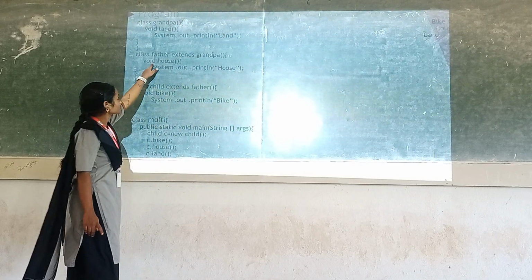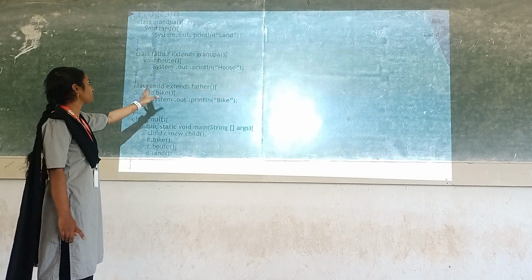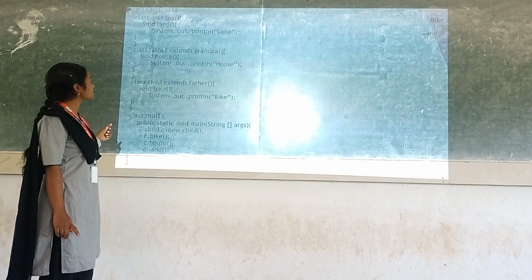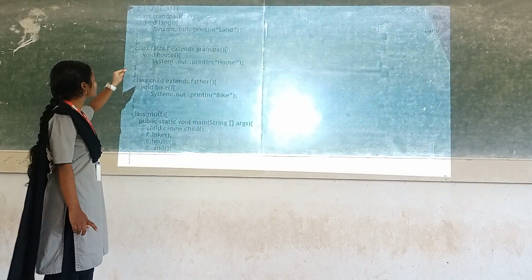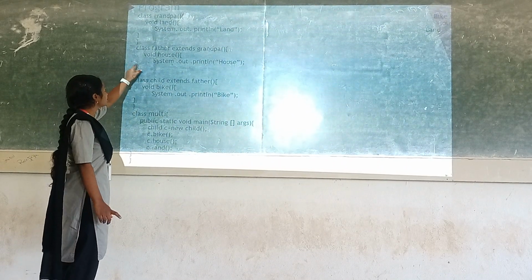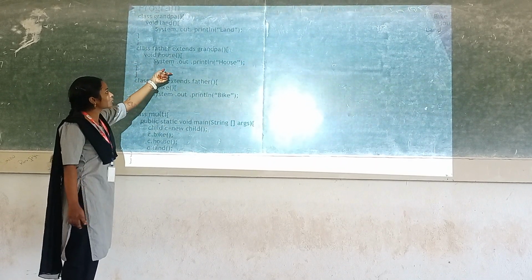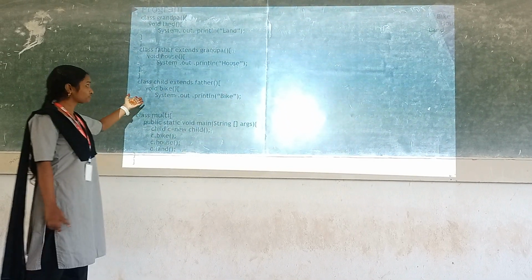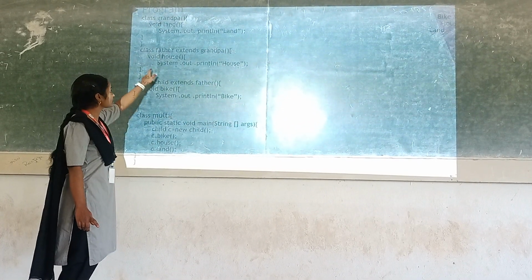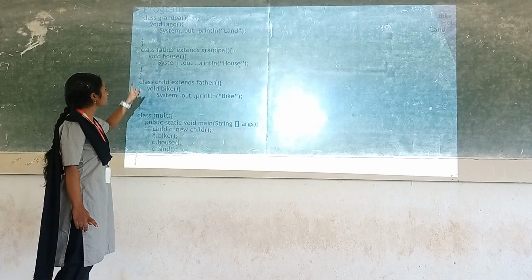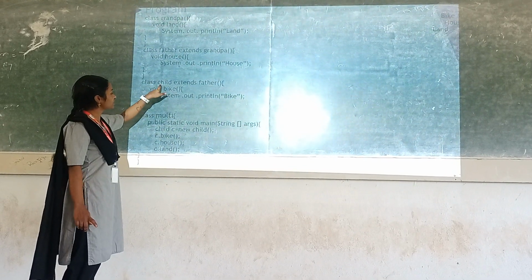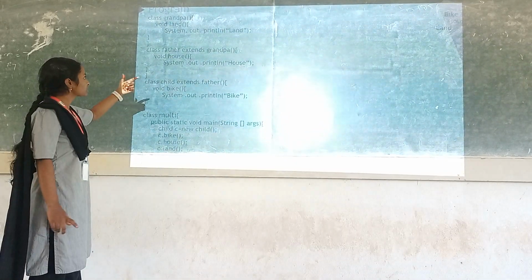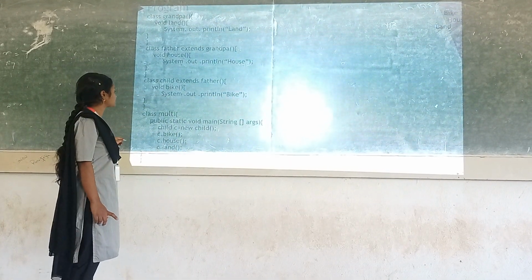That means class father inherits the properties of grandpa, and an object of father can access the properties of grandpa. It has its own method, house. Class child extends father, and father extends grandpa, so the child object can access both the grandpa and father methods.